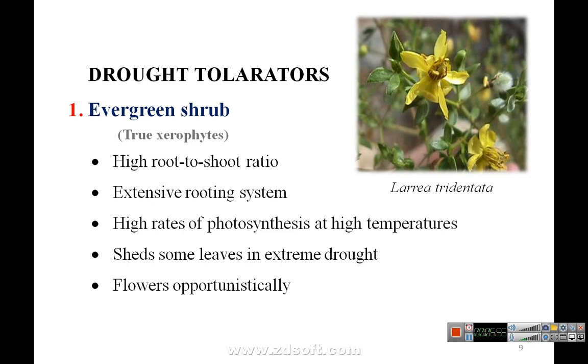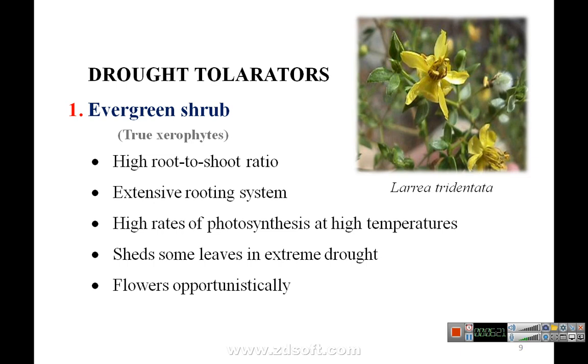Shed some leaves in extreme drought. It is obvious at high temperatures and in drought conditions, and also in winter in our places which are normal, not deserts, plants do shed their leaves in extreme coldness to avoid crystallization. The same thing happens here.